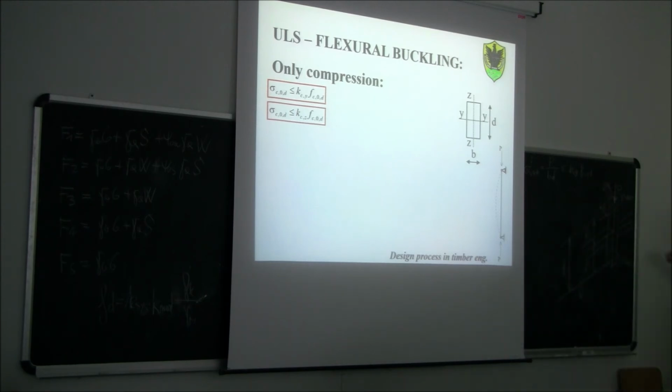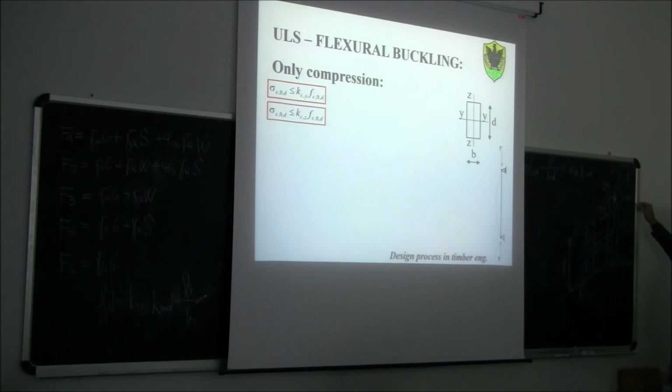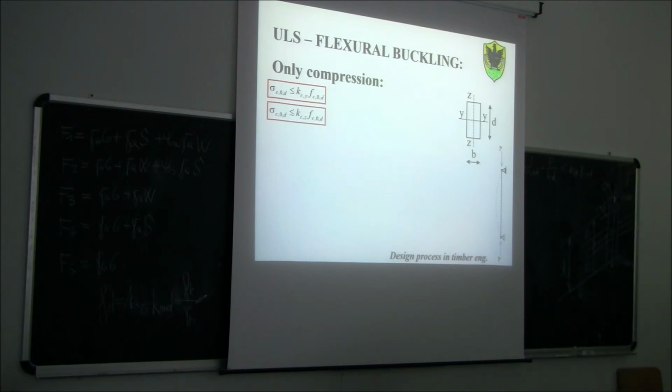You see, this is the cross section. This is Y, and this is Z. So kc,y is a reduction coefficient taking into account the buckling of the column around the y-axis. So we're talking about buckling around the y-axis. What does it mean around the y-axis?